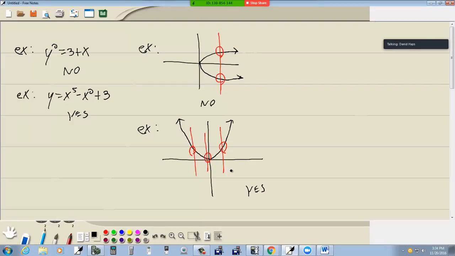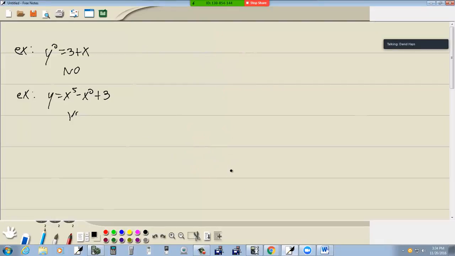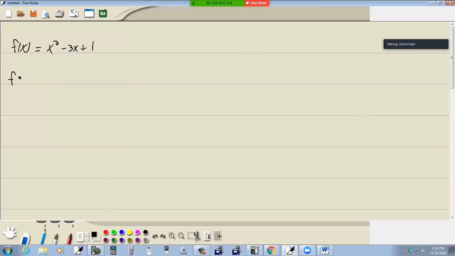So I'm going to clear this off. And say I got f of x is equal to x squared minus 3x plus 1. And we're wanting to find f of negative 1. Step 1. Replace all variables with sets of parentheses.